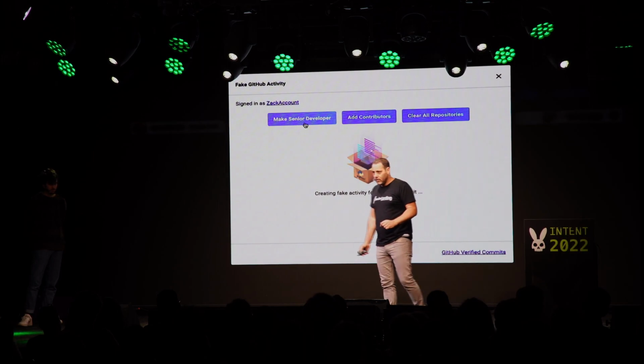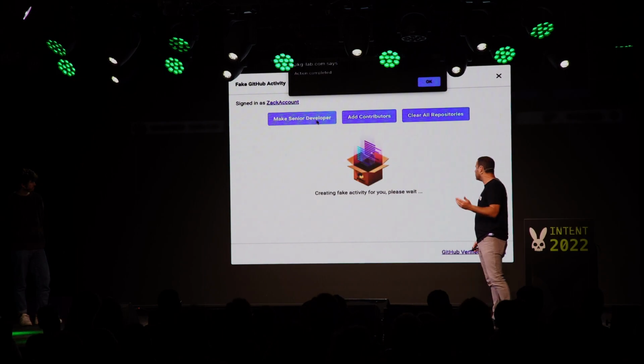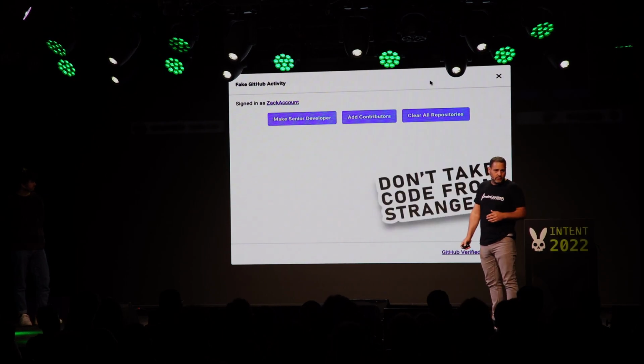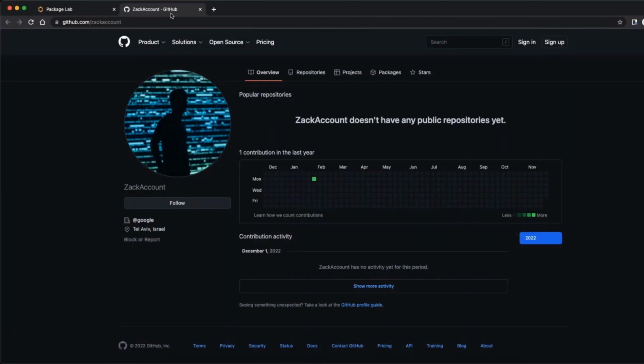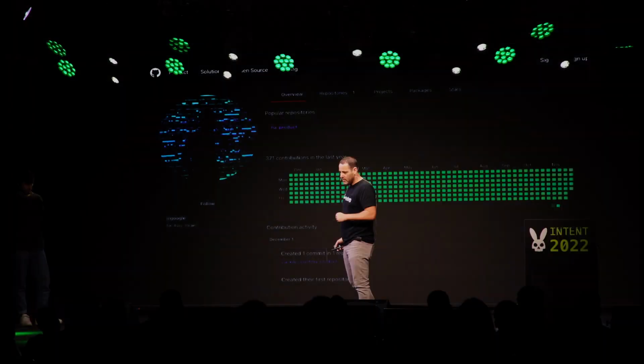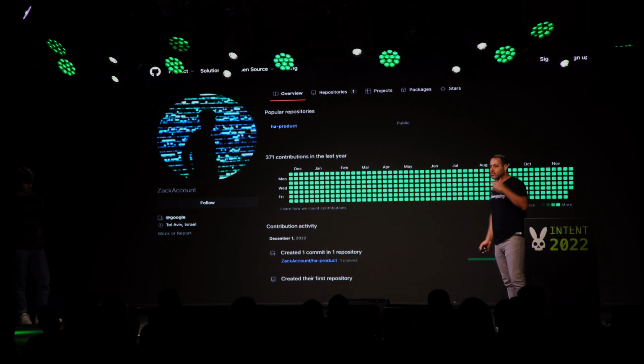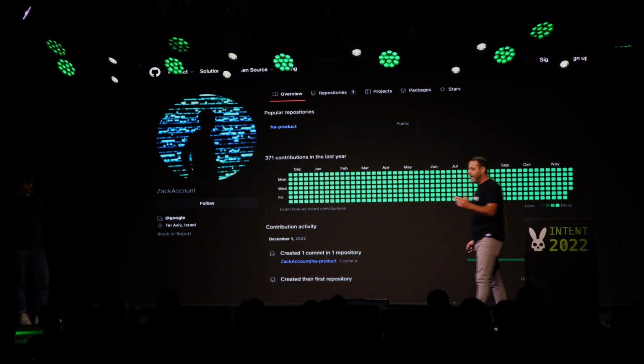Nobody's checking. So in a minute, the action is finished, and Zach's account is very popular. Now I will take his code and pay him twice the salary I wanted to. It's basically that easy to fake the activity, and it seems legit.